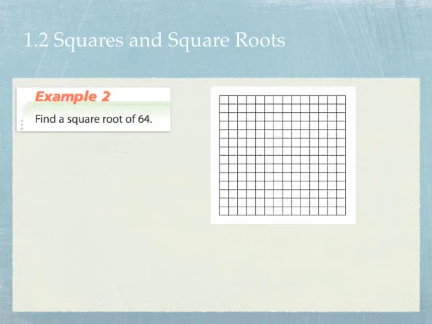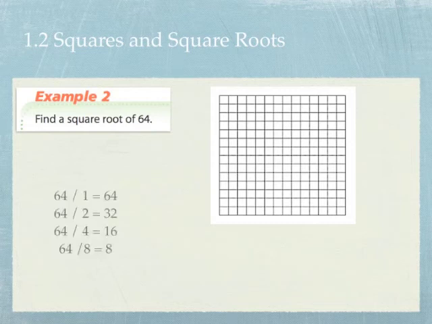Now example 2, what it wants us to do is to find the square root of 64. So what I'm going to do is find out what numbers 64 can be divided by. So if we take 64 and divide it by 1, 2, 4, and 8, we get some numbers.